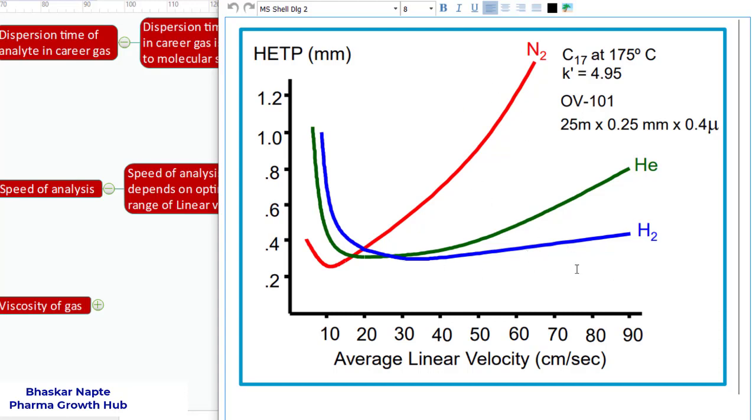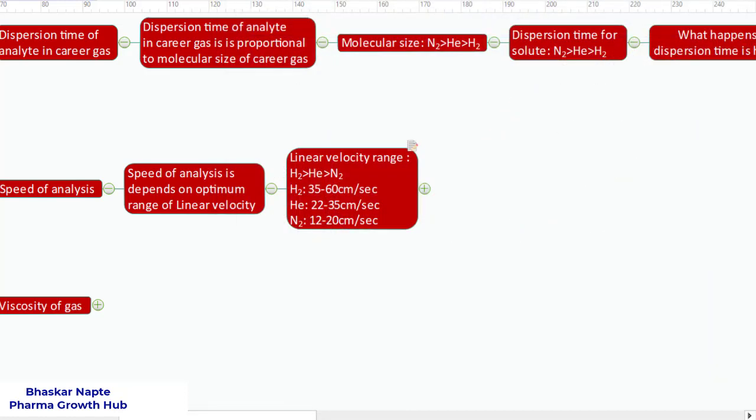So what do the Van Deemter curves explain to you? Nitrogen has the least range of linear velocity. Then comes helium, and hydrogen has the widest range for the linear velocity. These are the linear velocity ranges.